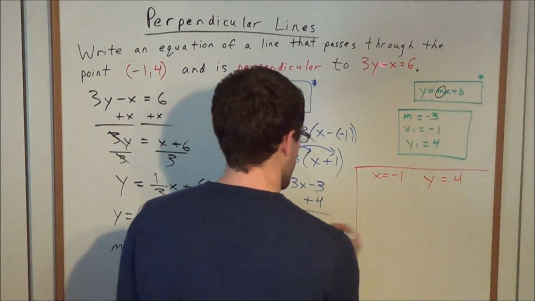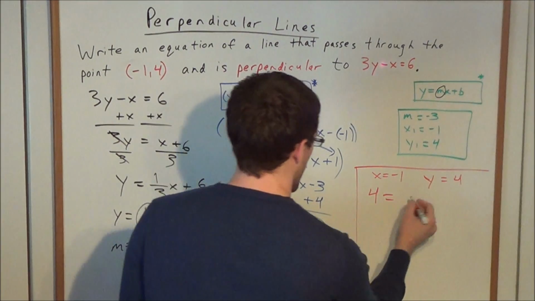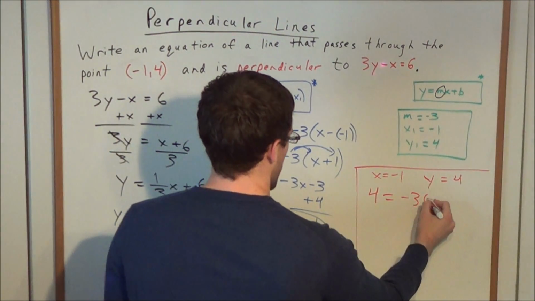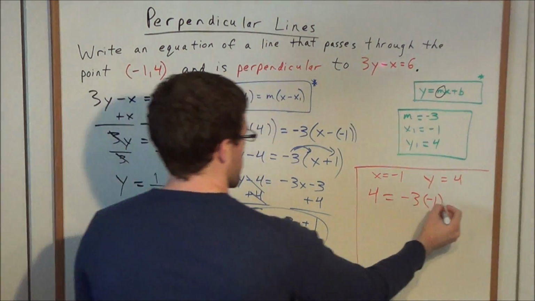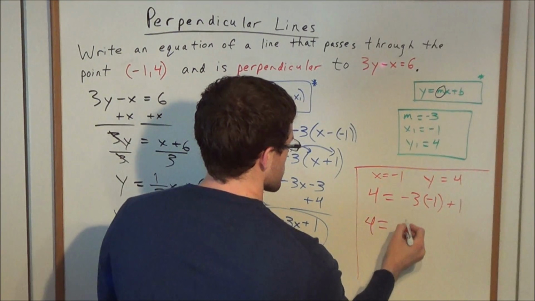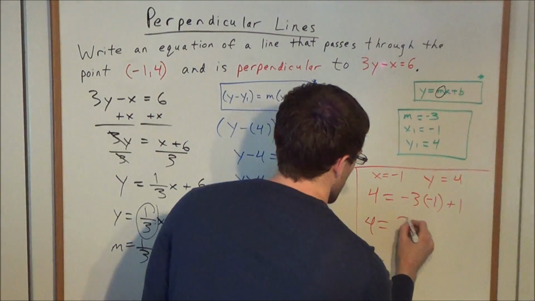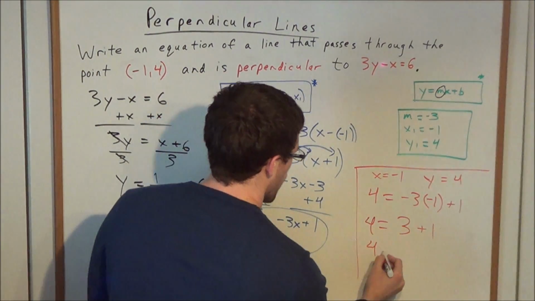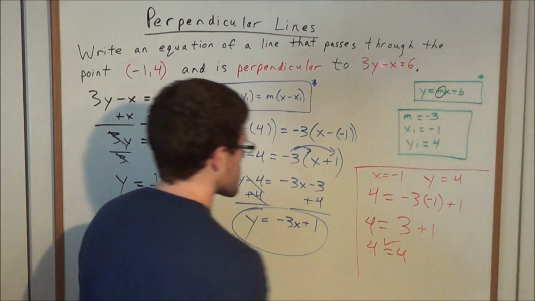So instead of y equals, we're going to write 4 equals -3 times x, but our x is -1, plus 1. Now we have 4 equals, a -3 times a -1 is a +3, so we have 3 plus 1, and we have 4 equal to 4, which is always true.